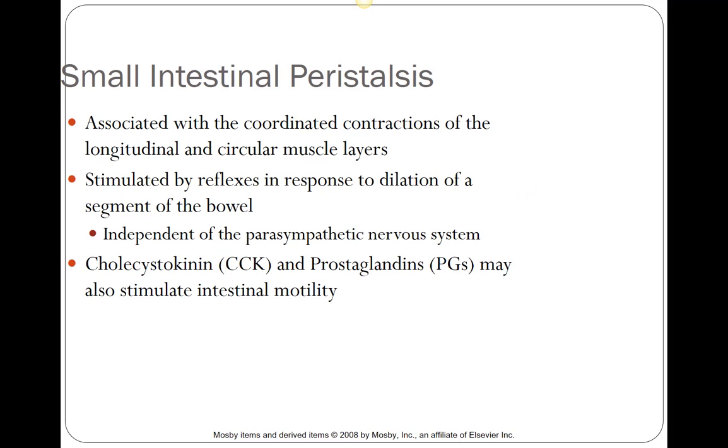Peristalsis is very coordinated within the small intestine. It's stimulated by dilation of the segment of the small intestine. And there are certain things that will stimulate peristalsis of the small intestine, like CCK and those different prostaglandins that we talked about. They help to stimulate movement through the small intestine.